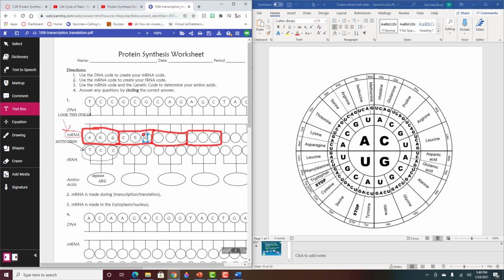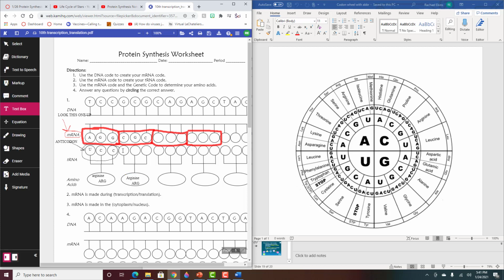So CGC, which again is arginine. I would write arginine, or again, you could write just ARG, the abbreviation for arginine, and then go back and do your tRNAs at the end.